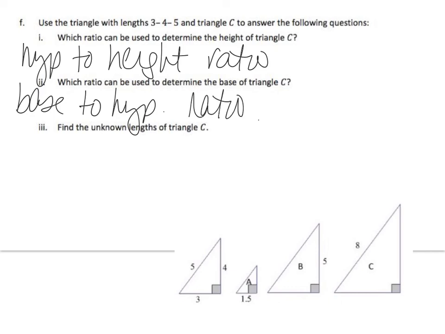Find the unknown lengths. Let's go ahead and label these arbitrary x and y. So I can do hypotenuse to height, 4 over 5 is equal to y over 8. And then I can do base to hypotenuse, 3 over 5 equals x over 8.